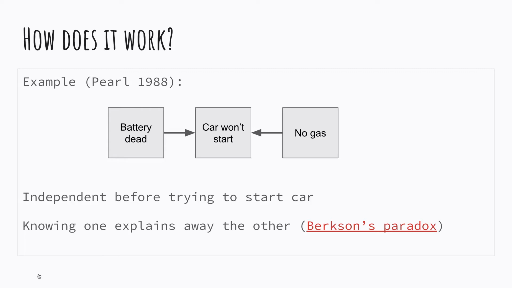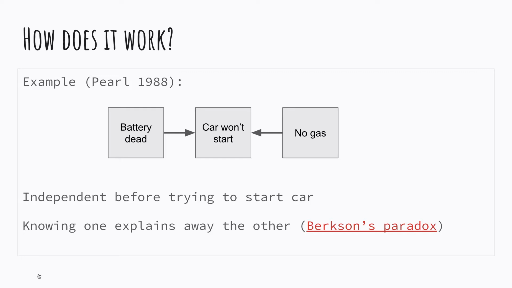But as soon as I know that my car doesn't start, and then I go and check the gas tank, and the gas tank is empty, then I know something quite strong about whether the battery is dead or not. So by knowing something about one part of the network, you're increasing the conditional probability to be much higher for something else. And this is something you can pull out quite easily from the network to say, conditioned on the fact that I know these two things, what's the probability of, say, the battery being dead?